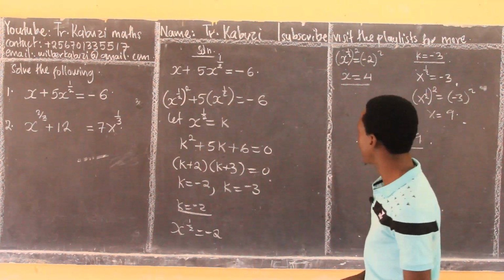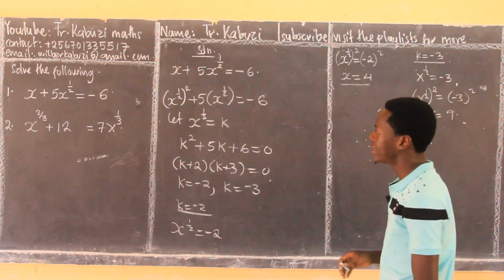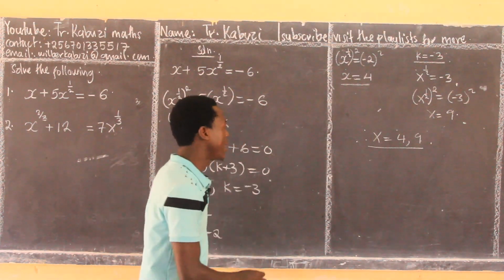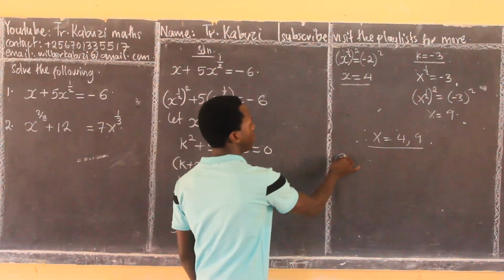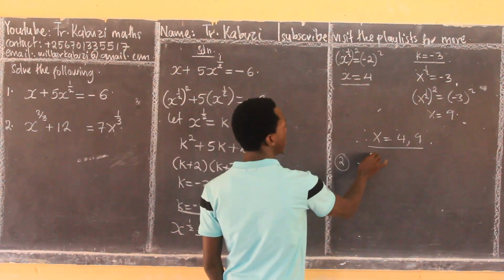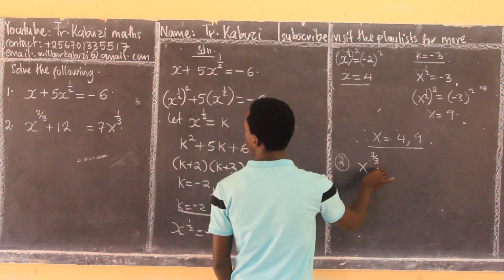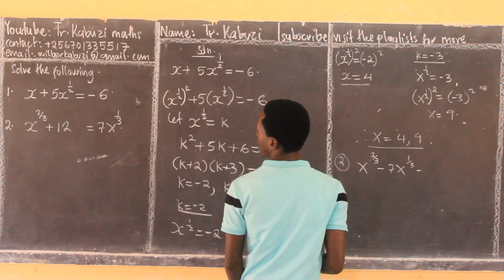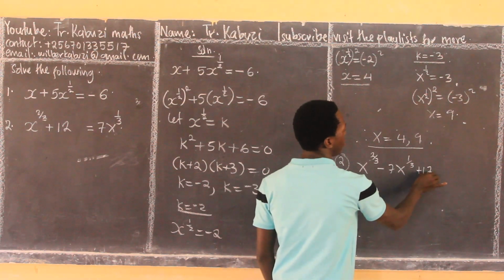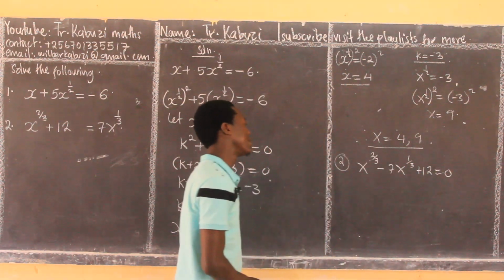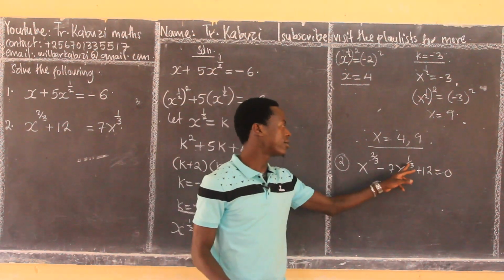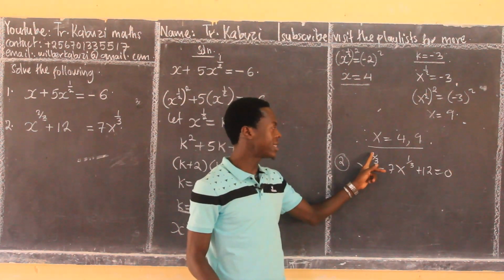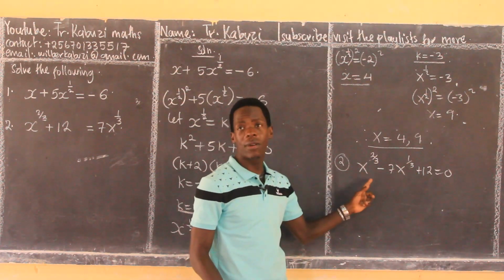Now, when we come to number 2, I'm just going to give you a hint, then you'll be able to complete it. For number 2, we have x power 2 over 3, minus 7x power 1 over 3, then plus 12 equaling 0, collecting like terms. Now you see, of these two, this one is smaller. I want to create this one here. I see it here, this is 2 over 3. I want to create it as 1 over 3 there.